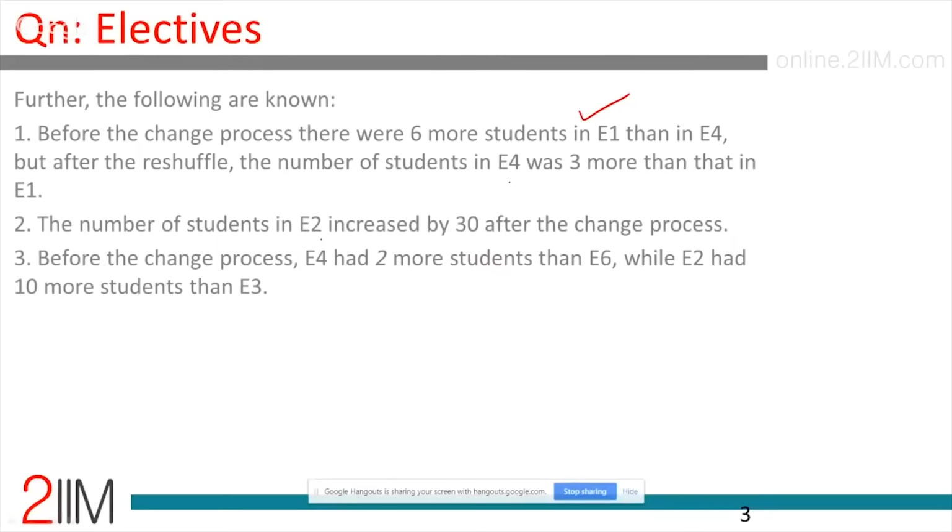The number of students in E2 increased by 30 after the change process. We know the total after was 76, so the total before should have been 46. That's a useful constraint. We're looking for E2 final and E1 original to verify this. Another says before the change process, E4 had 2 more than E6. If we find E4, then we can do something with E6.